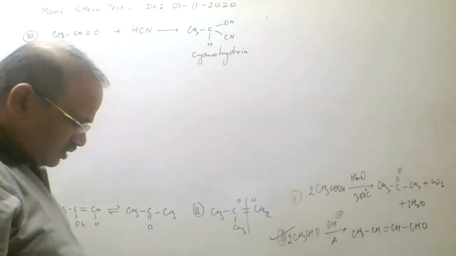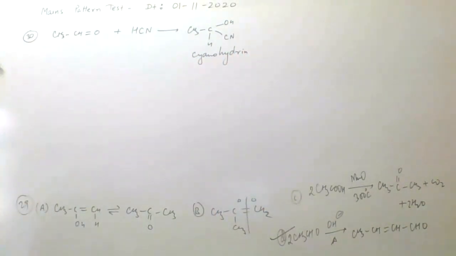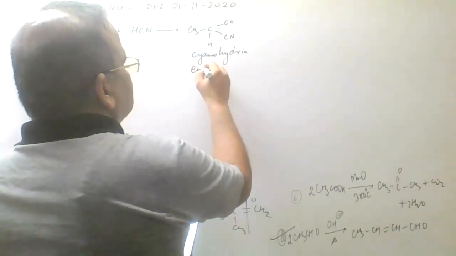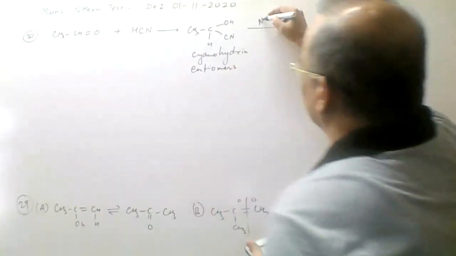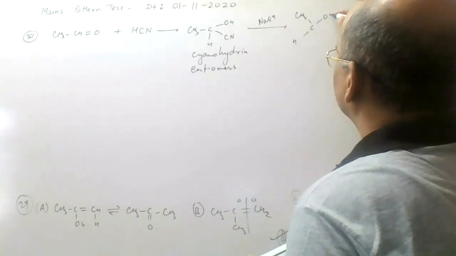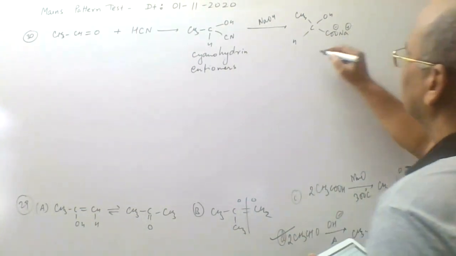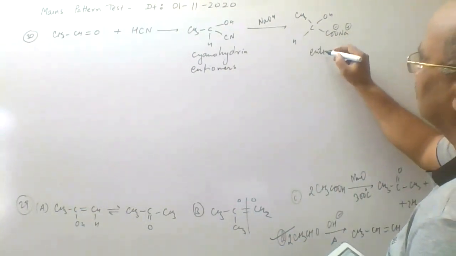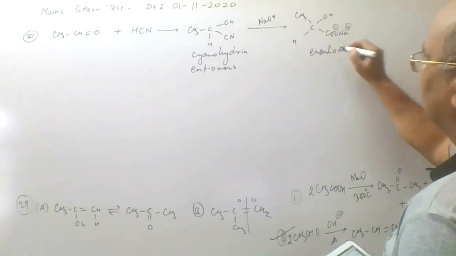After that, we treat it with dilute NaOH and then hydrolysis. On dilute NaOH and hydrolysis, we'll get the product as enantiomers. On base hydrolysis with NaOH, we get CH3CH(OH)CONa, which will also be enantiomers.